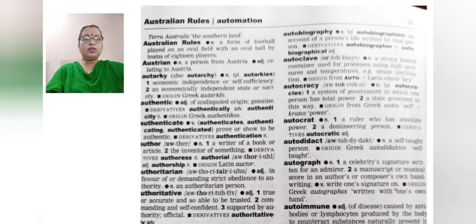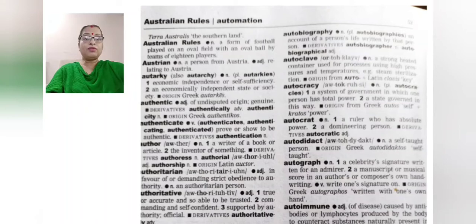Now see, children, here I have a picture for you from the dictionary. What does it tell you? Here the first word is Australian rules. The guide word you can see. Okay, the left hand side you have Australian rules, and the next word is automation.